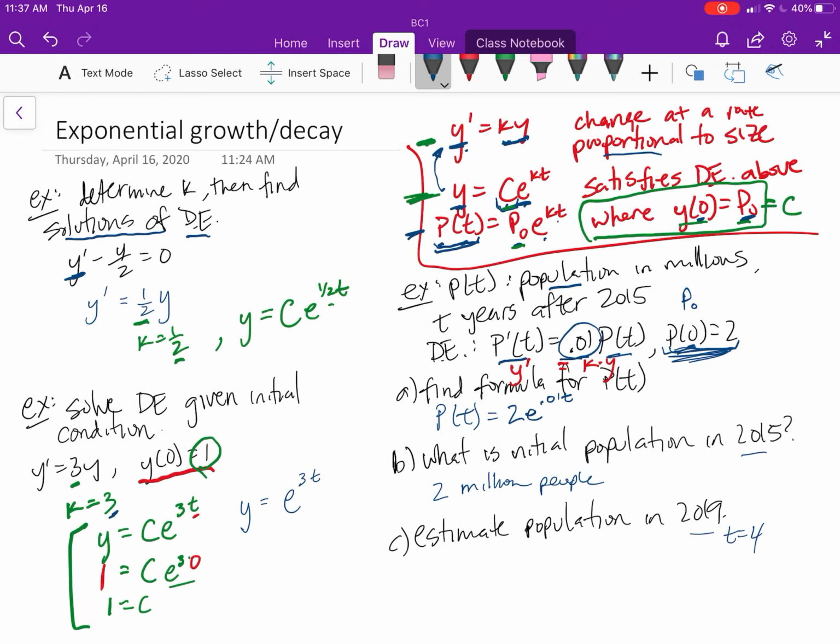Because it says t years after 2015, so t is 4. So therefore, it's really saying what is p of 4? So that's 2e to the 0.01 times 4. And just use a calculator, 2e to the 0.04. You get approximately 2.08 million people population in 2019.